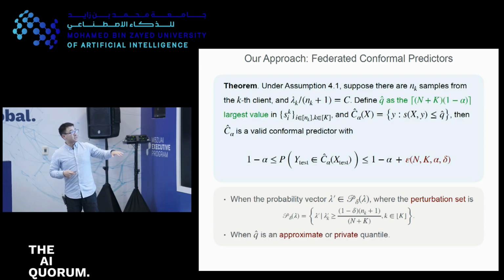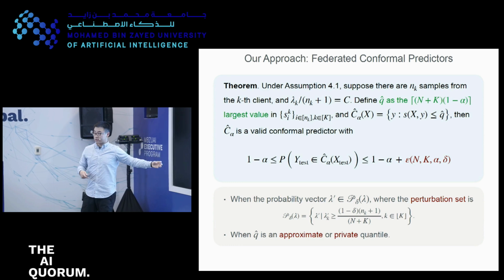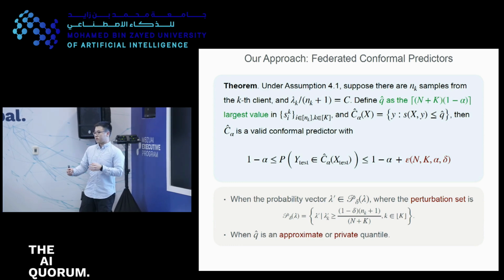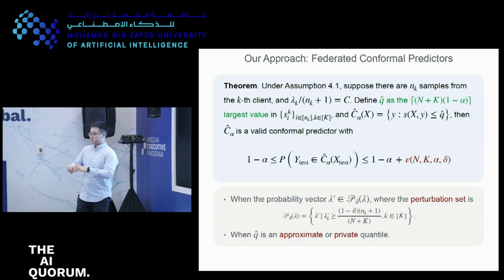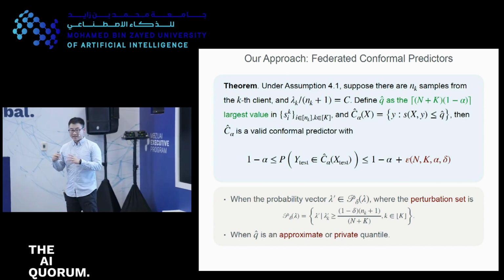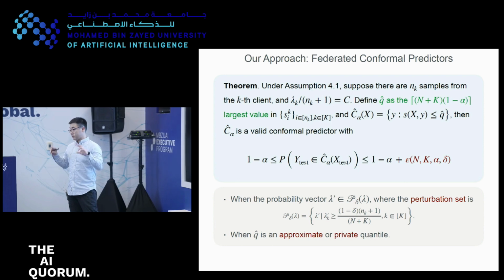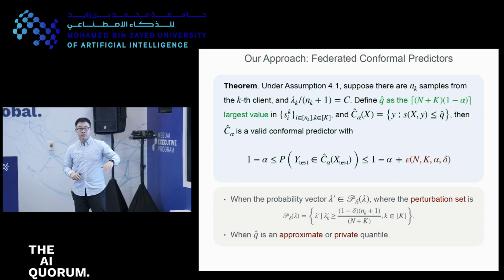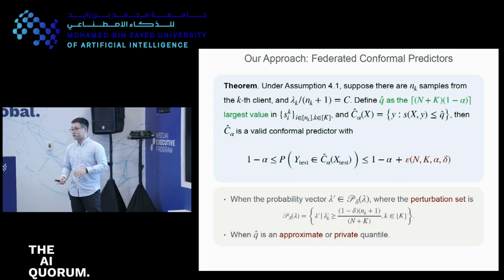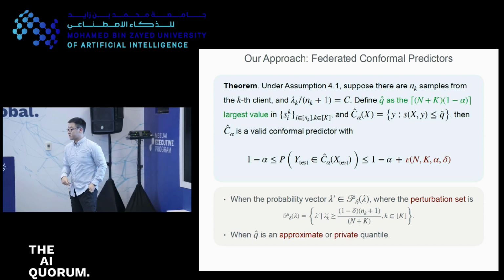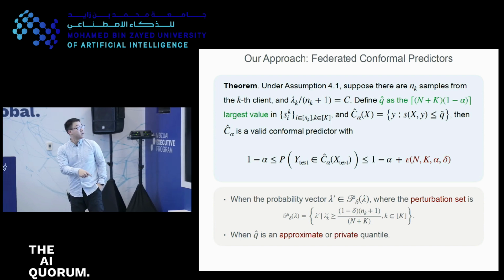Besides the setting I described earlier, we also have several extensions, like what happens if your lambda is shifted from the one you specified, as well as if the Q hat cannot be computed exactly and is approximated, or if we are adding some Laplacian noise to get privacy guarantees, which can make the Q hat not accurate. We also covered those settings, but I will skip them for this talk.